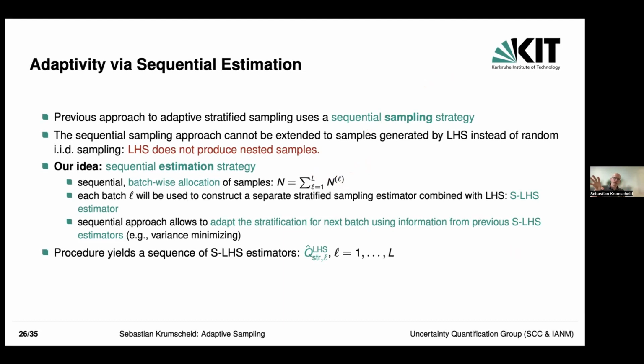In each batch, we're estimating based on a certain stratification. Using this estimator, before computing the next batch of size N_{L+1}, we try to infer information about what stratification we should be using. So that's the sequential estimation. The estimators otherwise are completely independent.